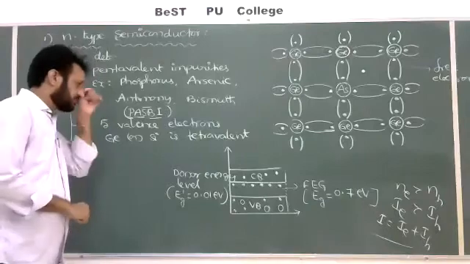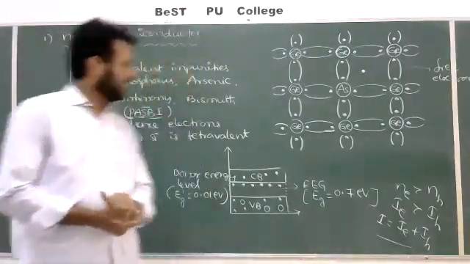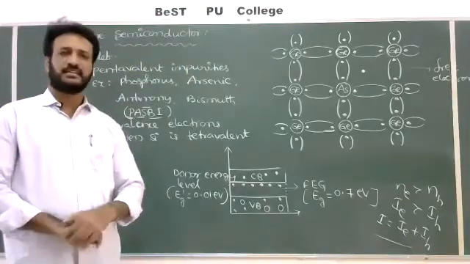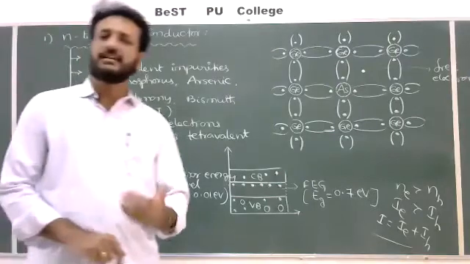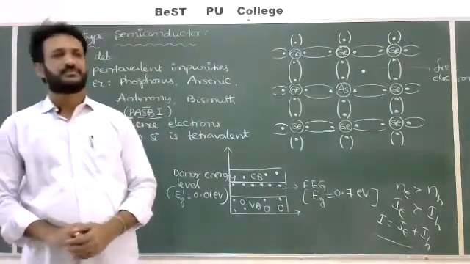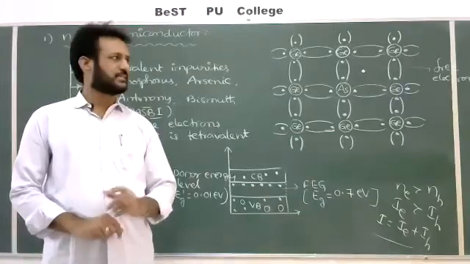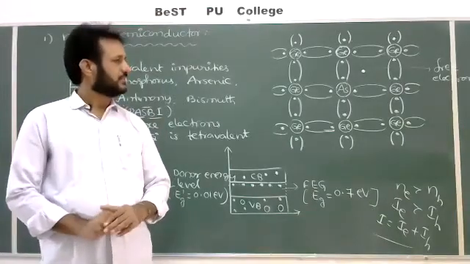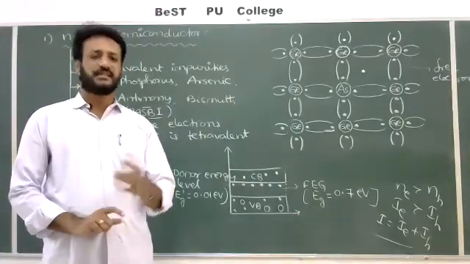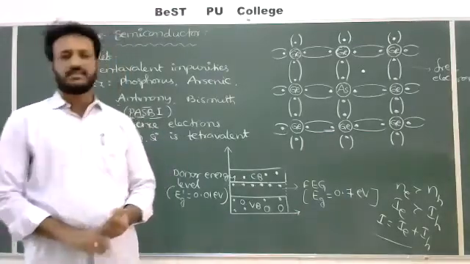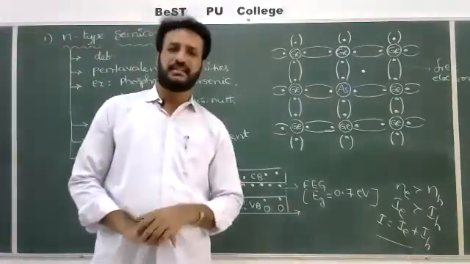Now, here electrons are majority charge carriers and holes are minority charge carriers.